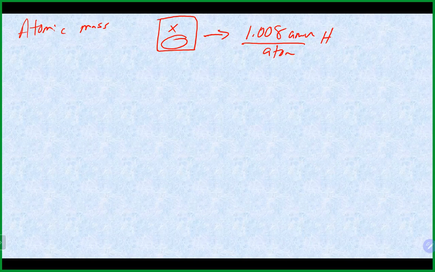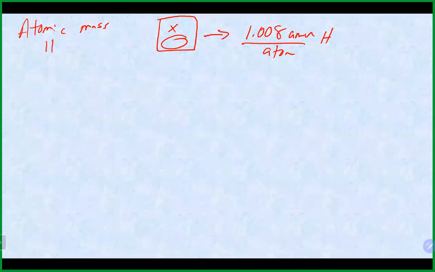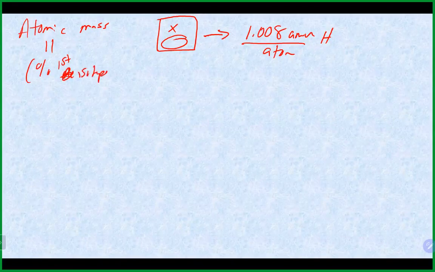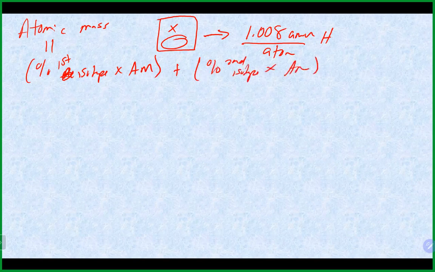And remember, if you wanted to calculate it, you take the percentage of the first isotope times the atomic mass of that first isotope, plus the percentage of the second isotope times the atomic mass of the second isotope, and you just continue that pattern.